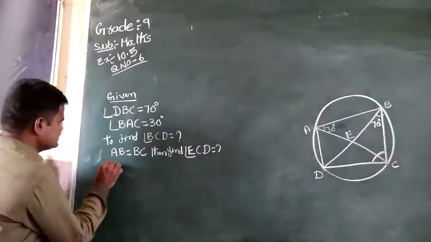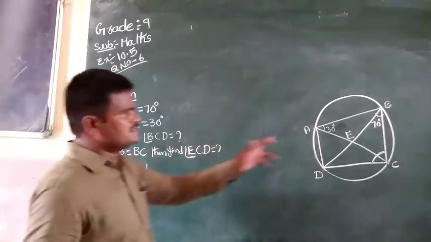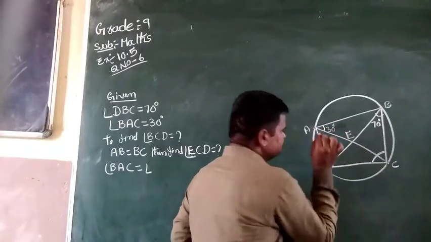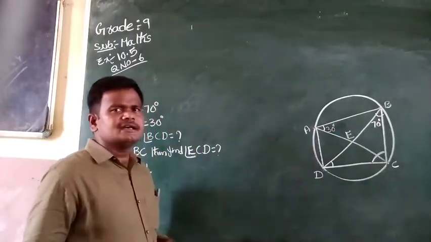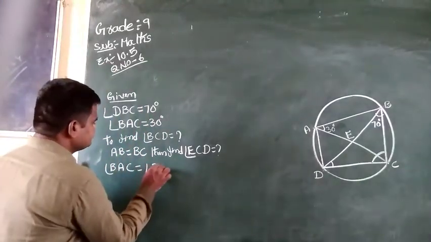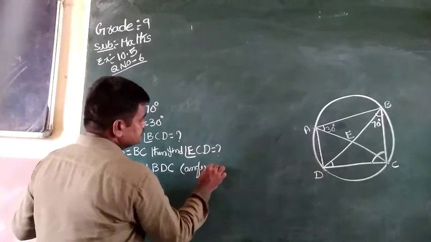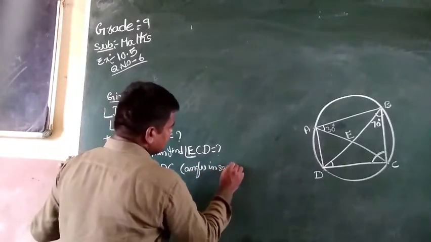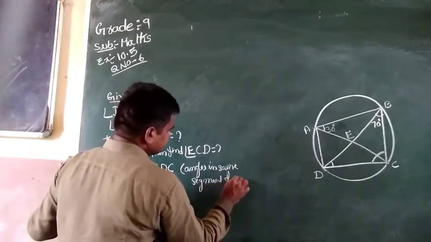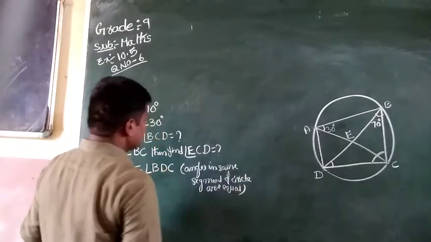So here angle BAC equal to angle BDC. This angle equal to this angle. Angles in the same segment of a circle are equal. What is the reason here? Angles in the same segment of a circle are equal.